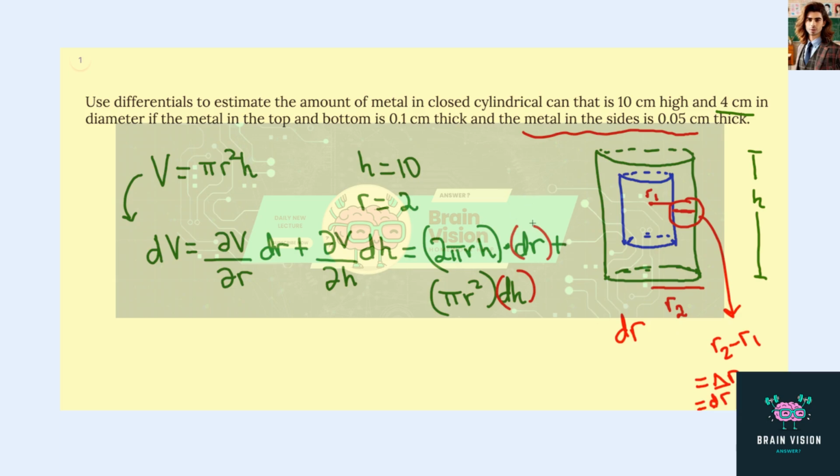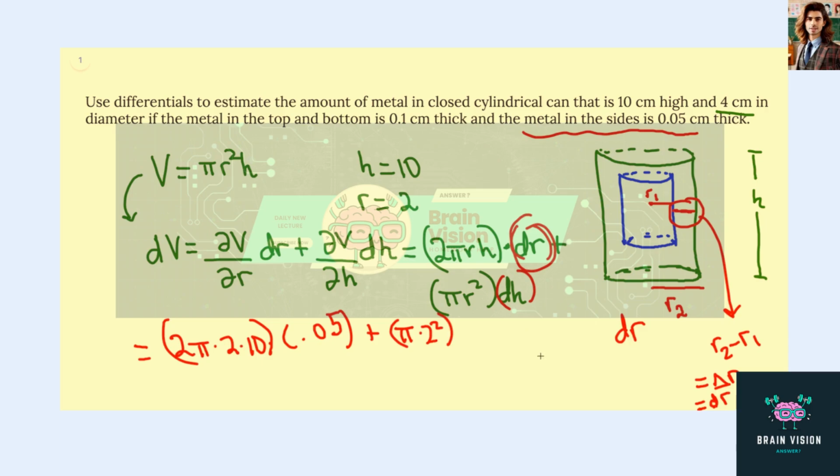So we could plug that in over here. Let's plug in all the information. We have 2 pi times 2 times 10, and then we just found our dr. Then let's add pi r squared and then dh.